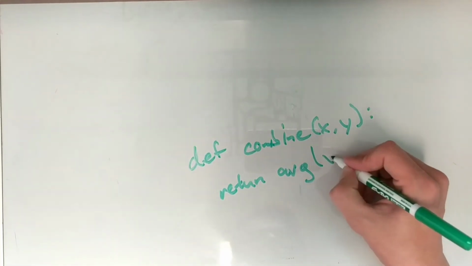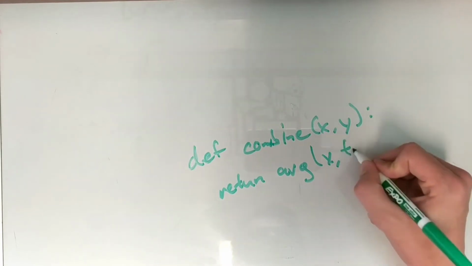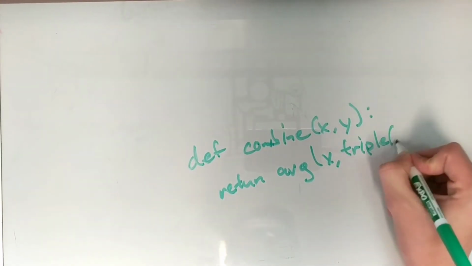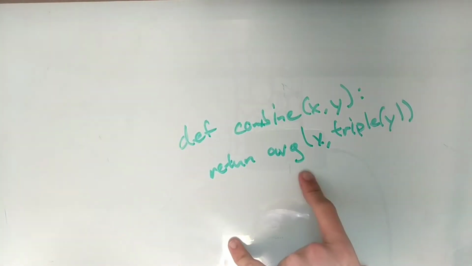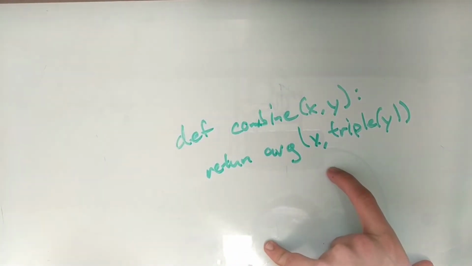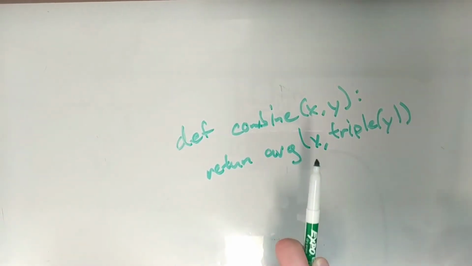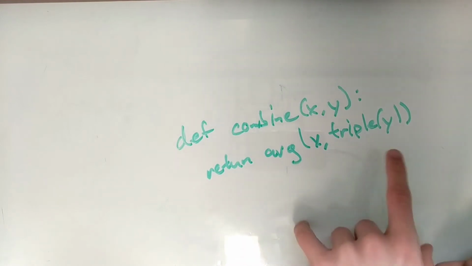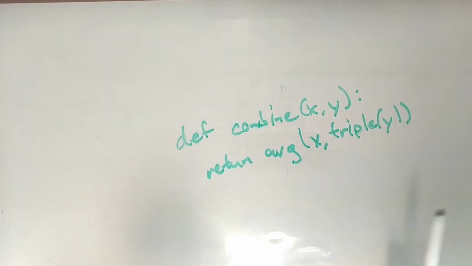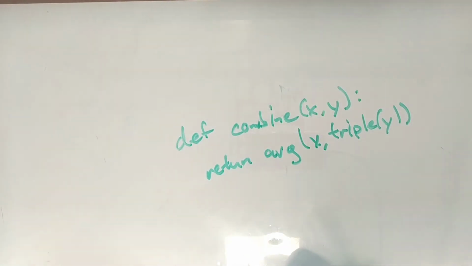And we want to take the average of x and 3 times y. And we already have a function that does 3 times y for us. So this is calling our average function with x, and this calls our triple function with y, giving us 3 times y, and this calls our average function with x and 3 times y, returning the average of those two. So that's how you deal with function calls versus definitions and putting them together.